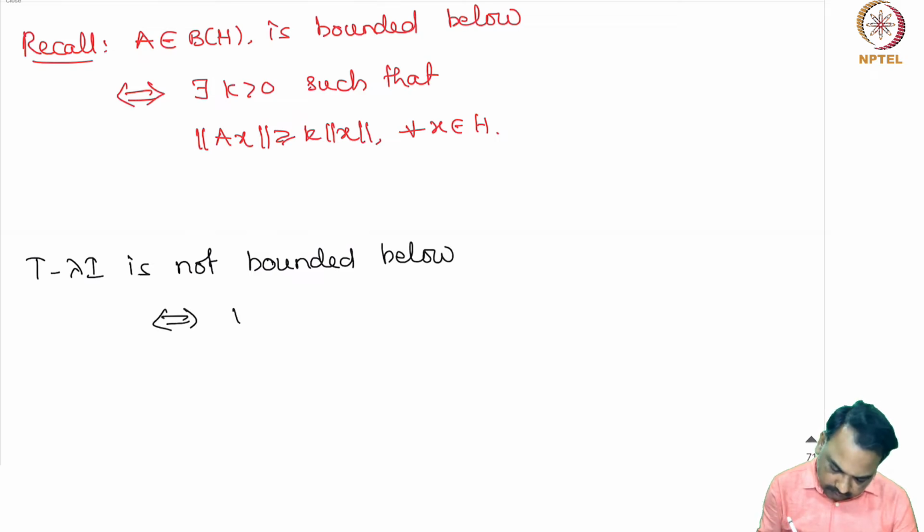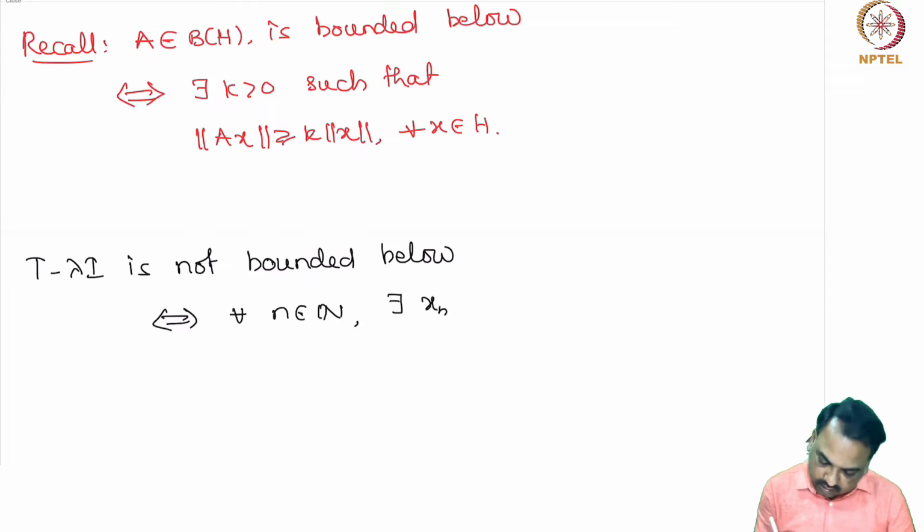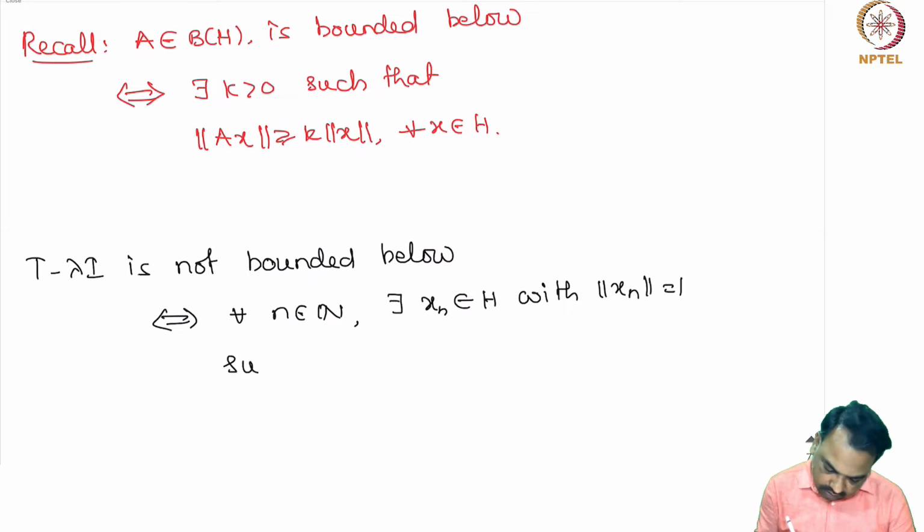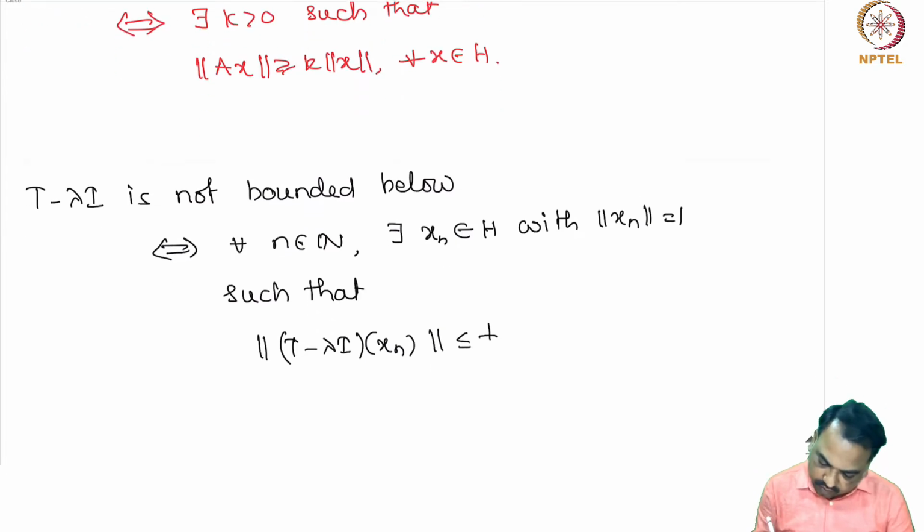it means that for every natural number n there exists some element xn in H, in fact we can normalize it, such that the norm of T minus lambda I acting on xn is less than or equal to 1 by n for every n.